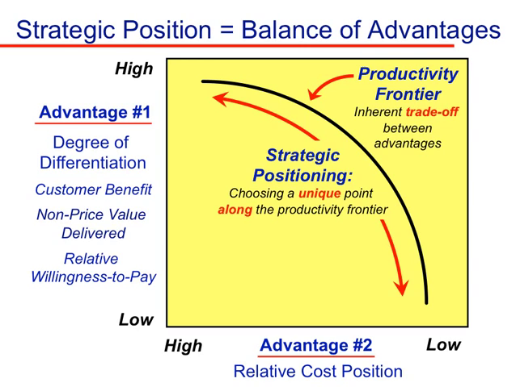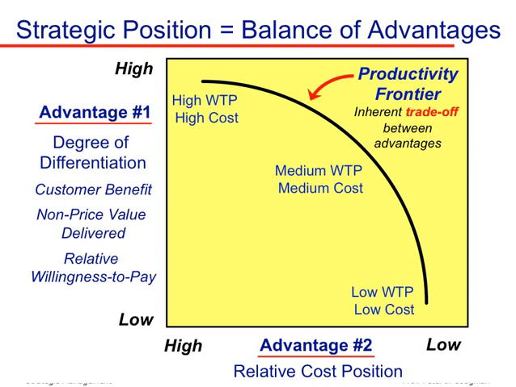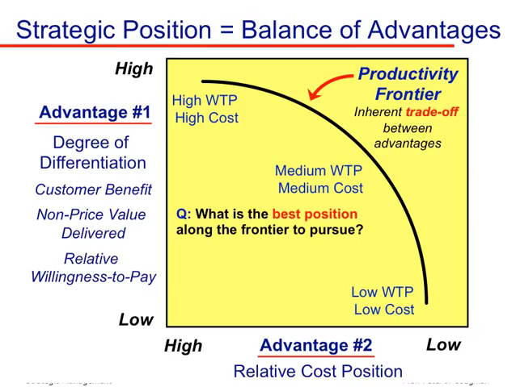Now, strategic positioning, we said, is about choosing a unique point along the productivity frontier. And so we had the following slide or discussion, where I said the question that's fair to ask, and it gets asked, is: what is the best position along the frontier to pursue? Which is, in fact, exactly the question being asked in the quiz, or at least which factors should you consider?